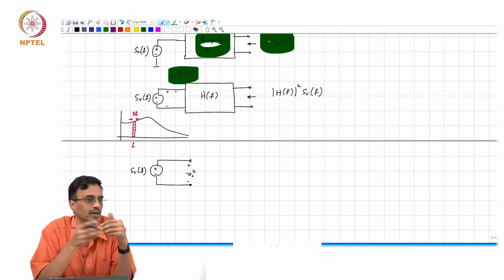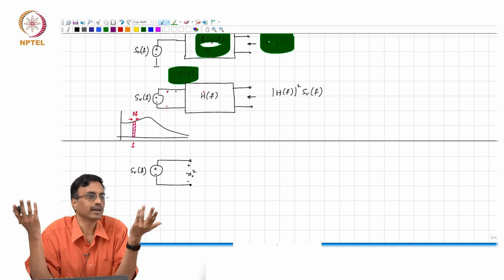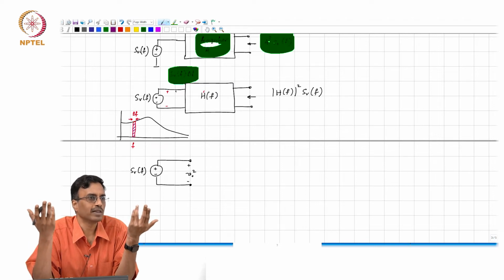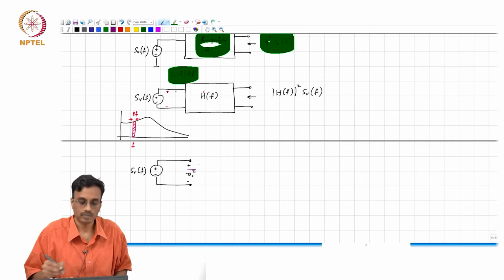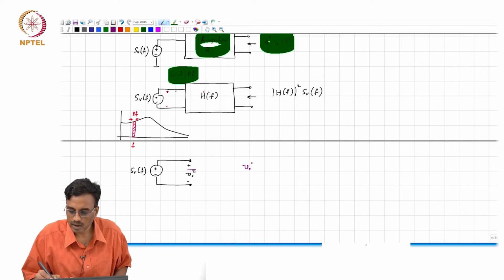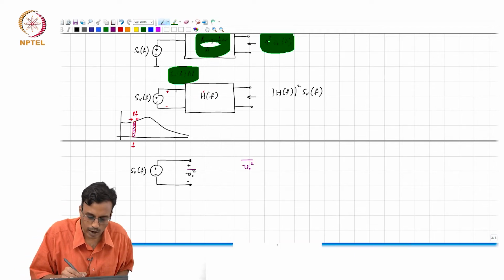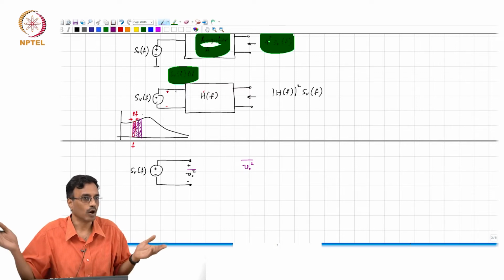So, if I do not put a filter at all, what would be the total mean square noise? It is simply the mean square value of this component plus the mean square value of that component plus the mean square value of this one and so on.